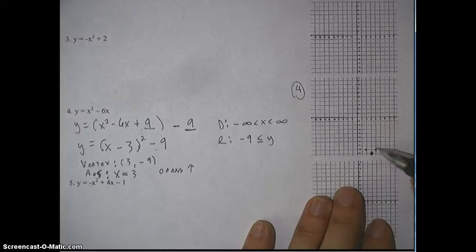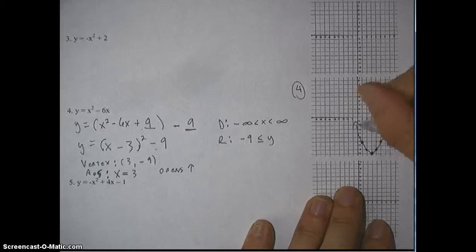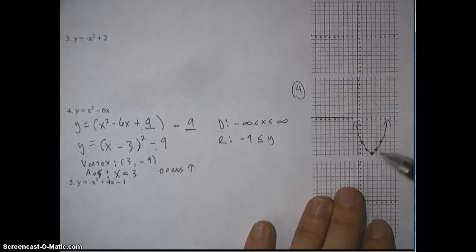And then to get the next set of points, you go up 2 over 1. And from there, you should be able to draw this nice, smooth quadratic function. Like that. So up 1 over 1, then up 2 over 1. That's how you're going to get the points for this quadratic.